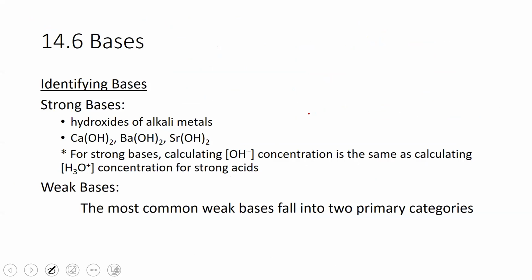We've talked about identifying strong acids based on their structures. With bases, it's going to be a little bit different because we just don't have quite the same variety of things for bases. So one of the key things that we have is hydroxides of alkali metals, things like sodium hydroxide or potassium hydroxide, right?